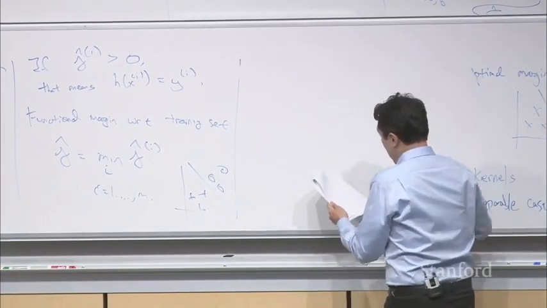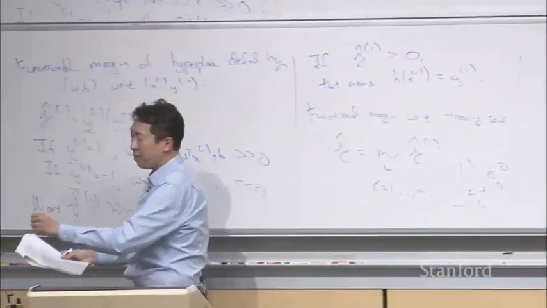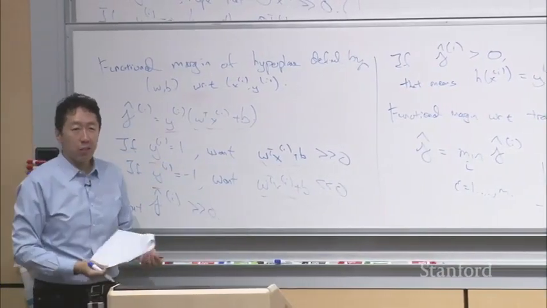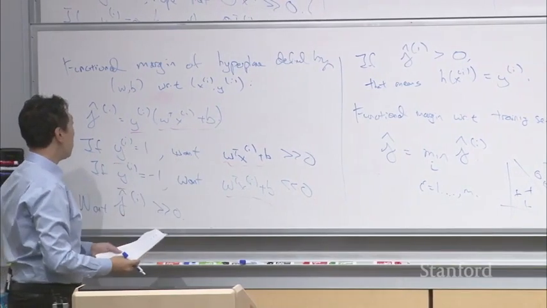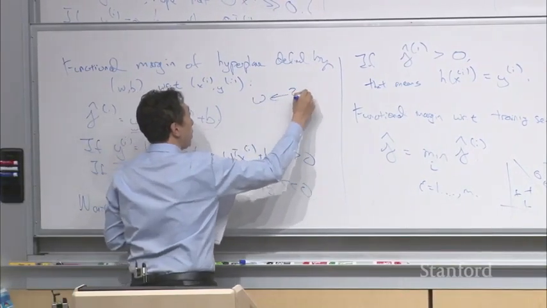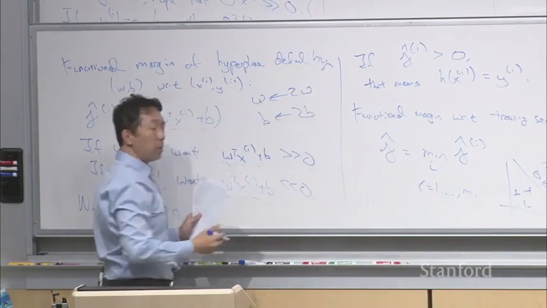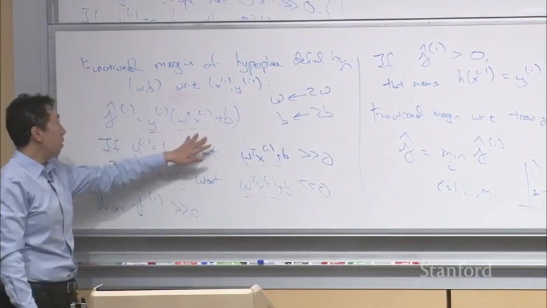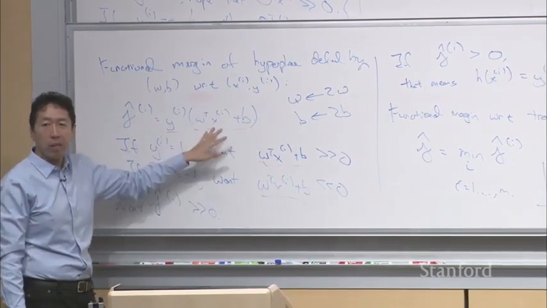Now, one thing about the definition of the functional margin is it's actually really easy to cheat and increase the functional margin. If you look at this formula, if you take W and multiply it by 2, and take B and multiply it by 2, then everything here just multiplies by 2, and you've doubled the functional margin.